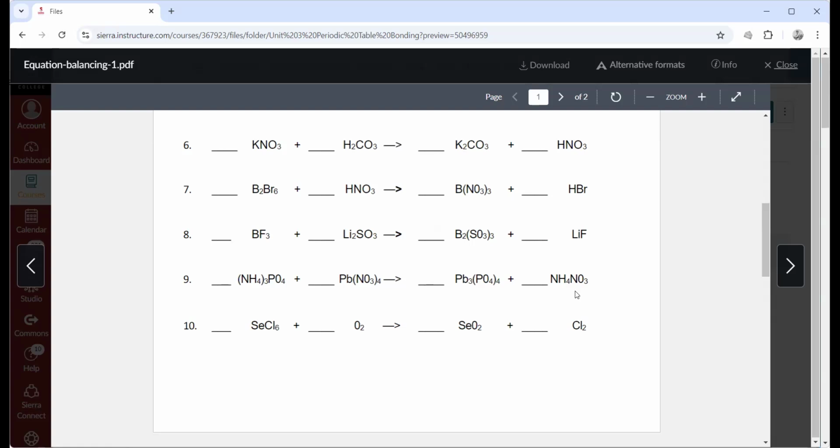When you're all done, you convert the X's and Y's back to the original, so with the coefficients. So this is going to be a 1, this is a 1, 1, 2, 1.